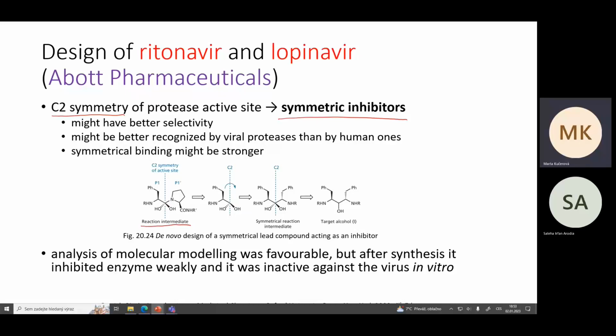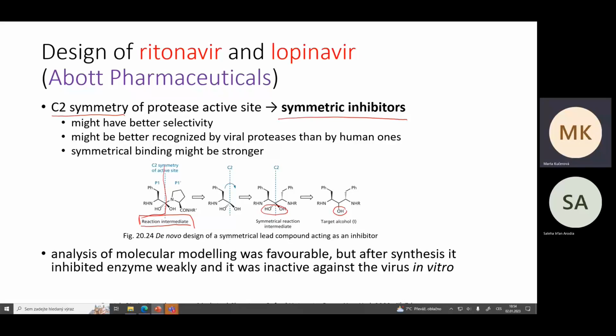So the starting point was a reaction intermediate, which is the diol. The left part of the molecule was copied according to plane symmetry, and the dihydroxy moiety was reduced to only one alcohol.